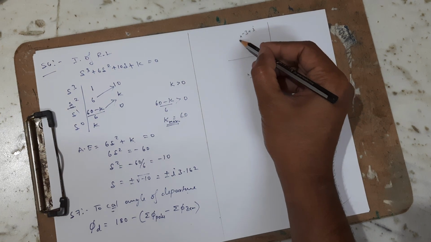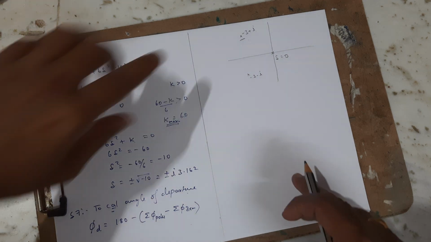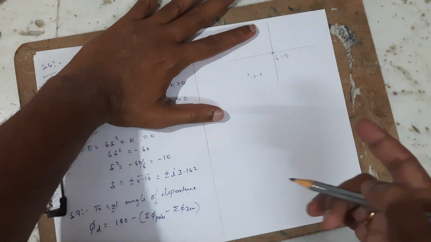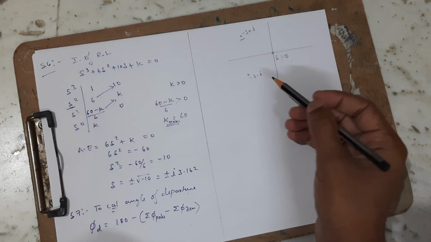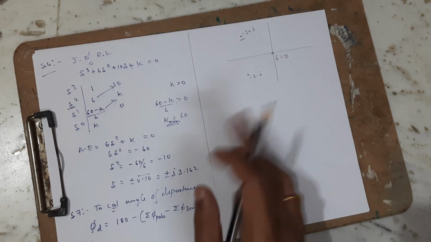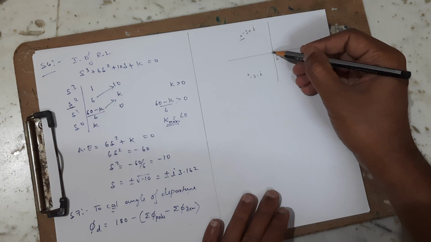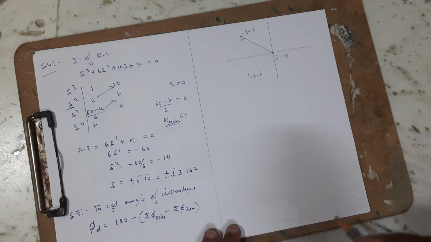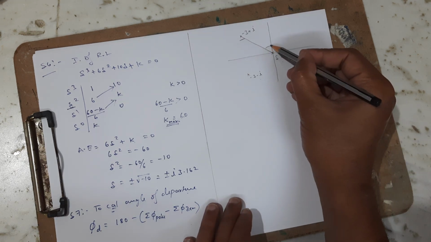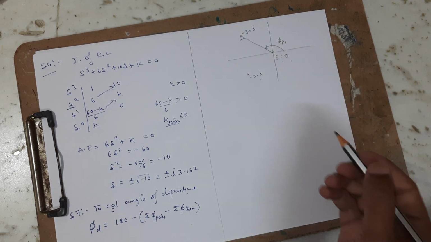Let us find the angle of departure for minus 3 plus j. Apart from this, what are the other poles we have? s is equal to 0 is also a pole, and minus 3 minus j is another pole. I am going to draw a line from this to here. So I need to find this angle. This is the summation of phi p1. So this is phi p1.